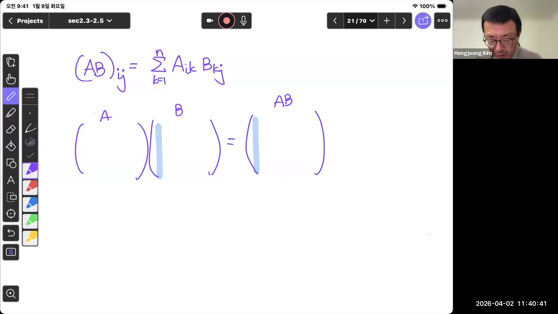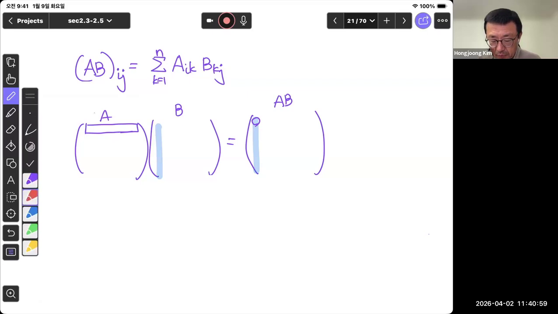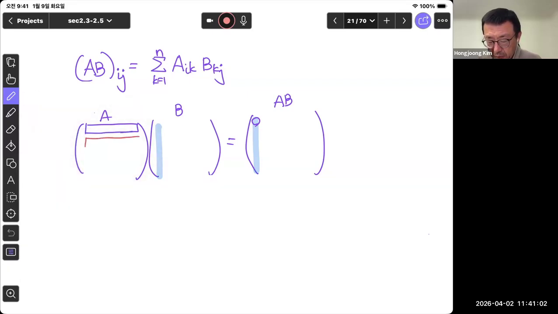Please remember that the first row of A times the first column of B will define the first entry of this column of A times B. If I consider the product between the second row of A and B, you get the second entry of this column. And the third row of A times the first column of B will give you the third entry of this product.